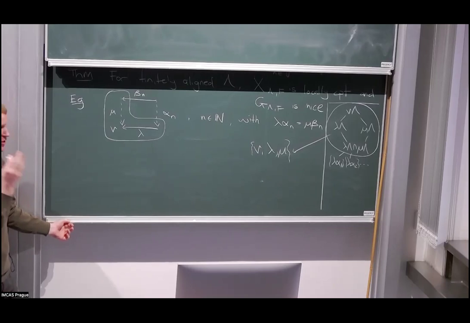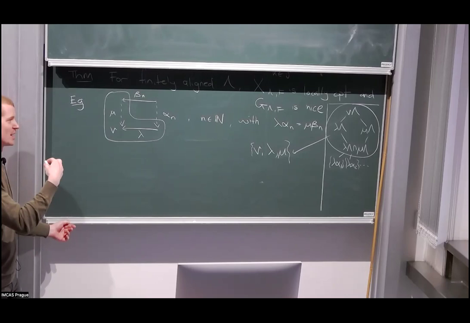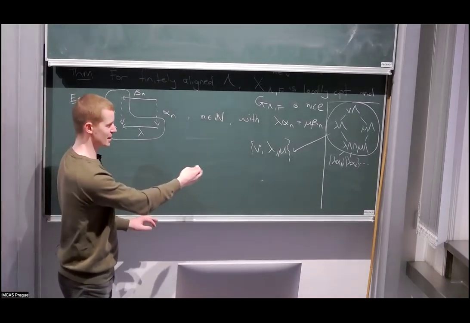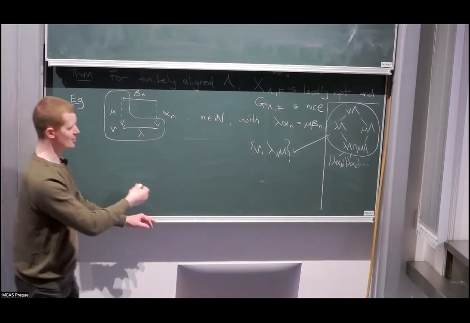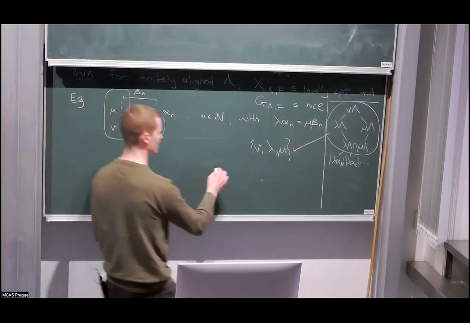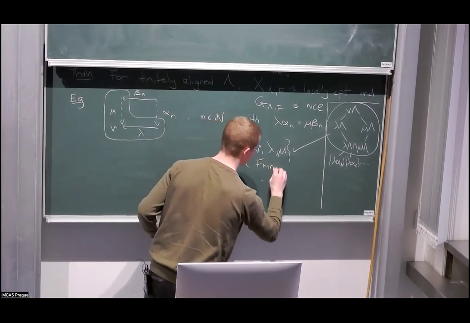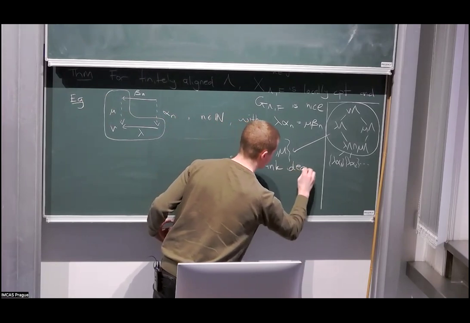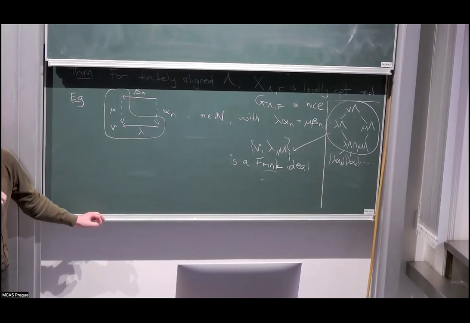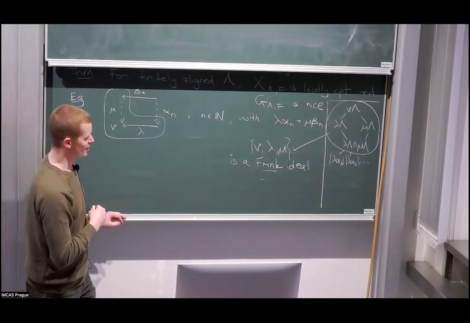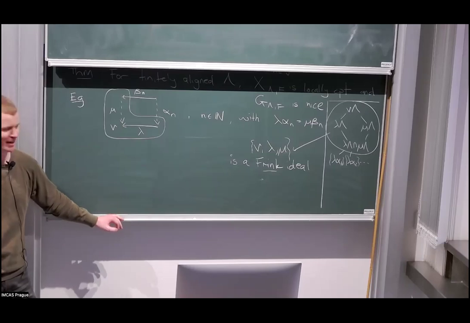Now, just to finish up, what has been interesting recently is that even though this isn't a filter, because it's not directed, since lambda and mu have no common upper bound, it does turn out to be, in this one example, a thing called a Frank ideal, which is something I'm trying to learn more about at the moment.